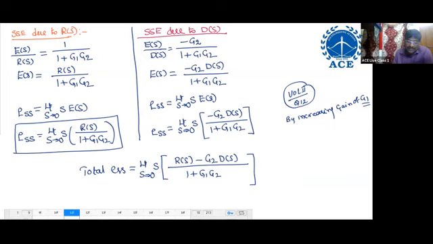Put the phone aside, listen, be concentrated. So now, this is the total steady state error. Path gain: what is the output? E of S. What is the input? D of S. What is the output? E of S. What is the input? R of S. Check the path gain. That's all. Automatically, you will get the answer.